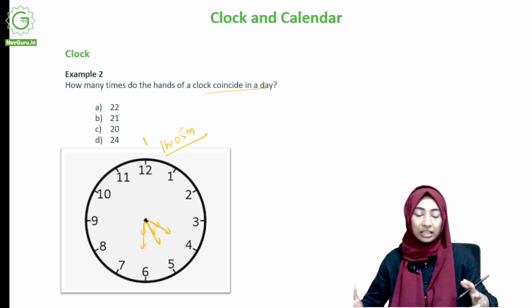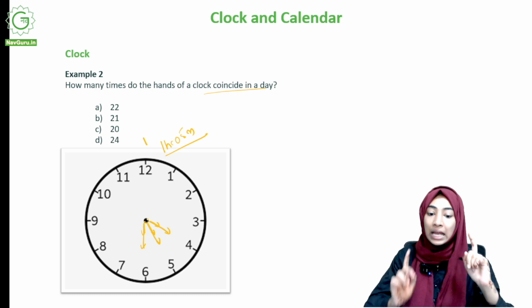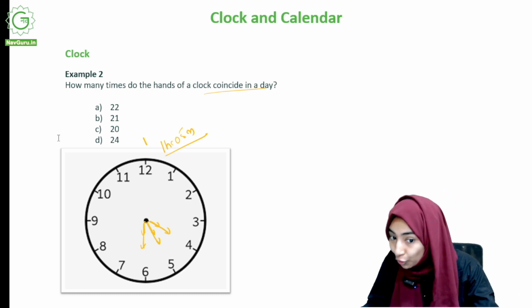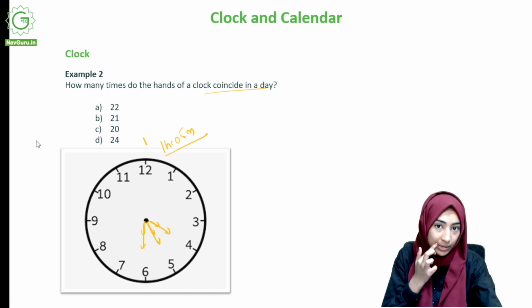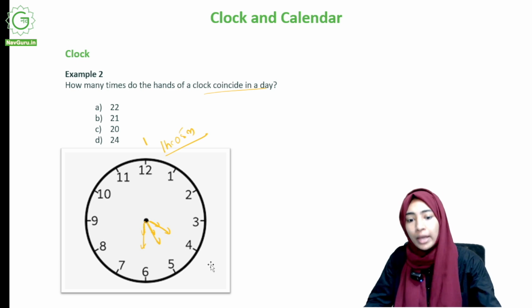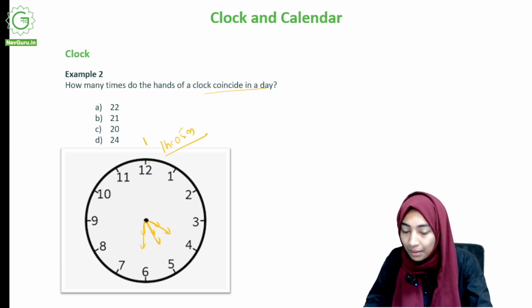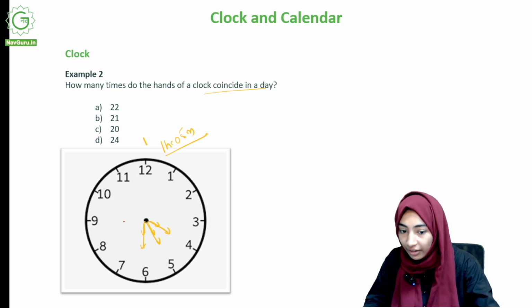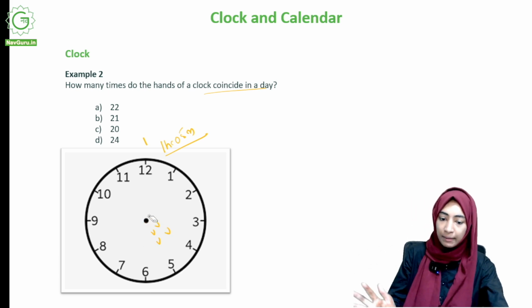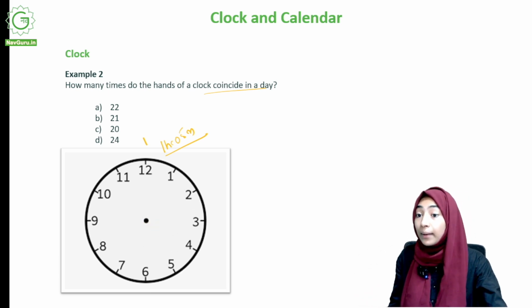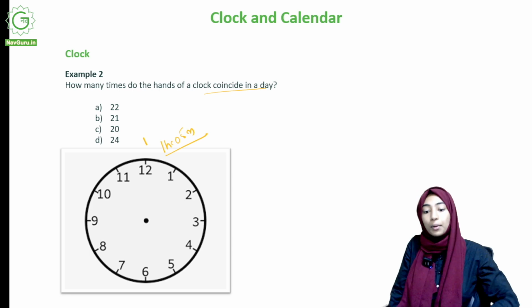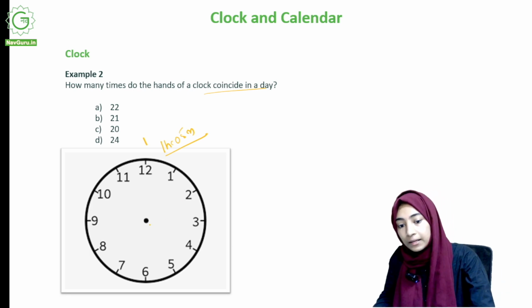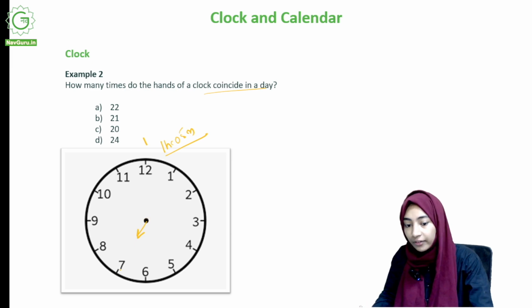This is our normal thinking process, but there's a catch here, and the catch is that it does not coincide at exactly this point. Why? Because up until 6 it might, but after 6, for example for 7, if I am saying 7:35, from 12 to 6 this might work, it won't be an issue. But when you move on to 7, the problem is this.